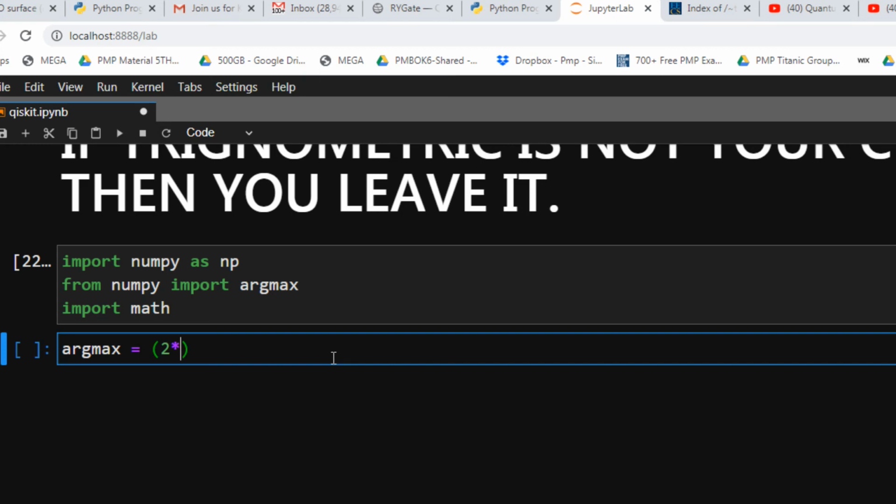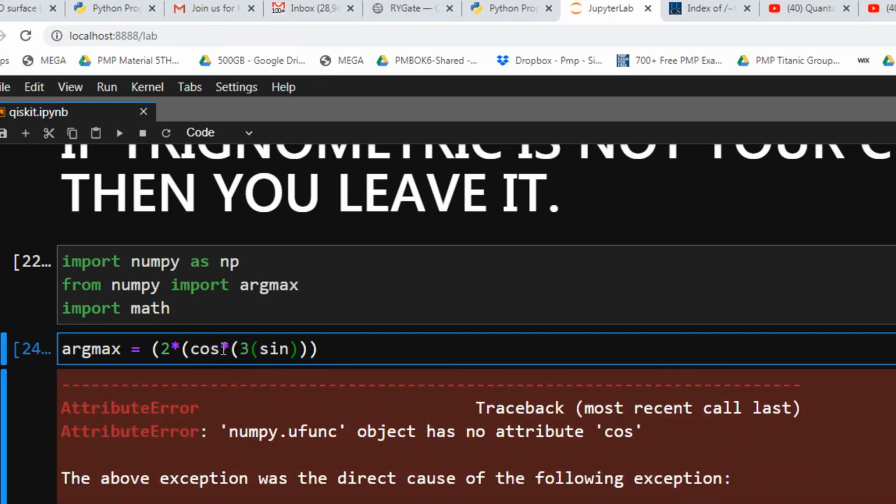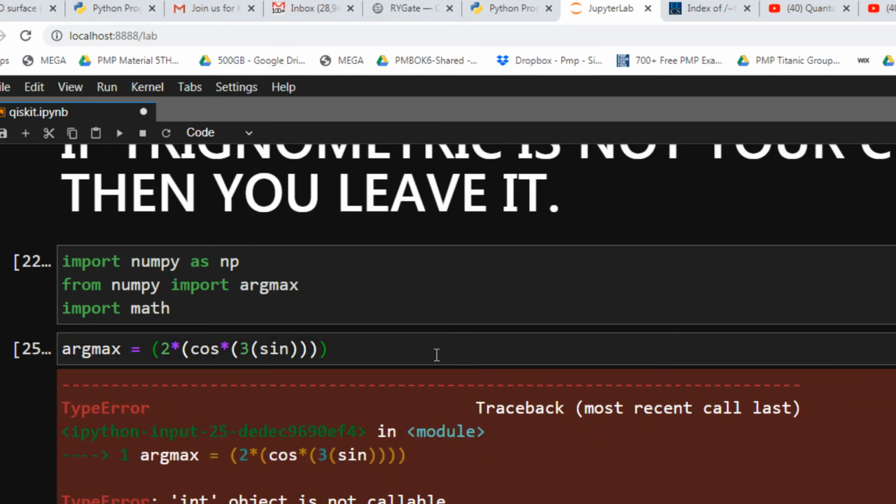Okay, 2 into cos, cos into 3 slash sin. Okay, the object is not callable. 2.5. Okay, 0.8.